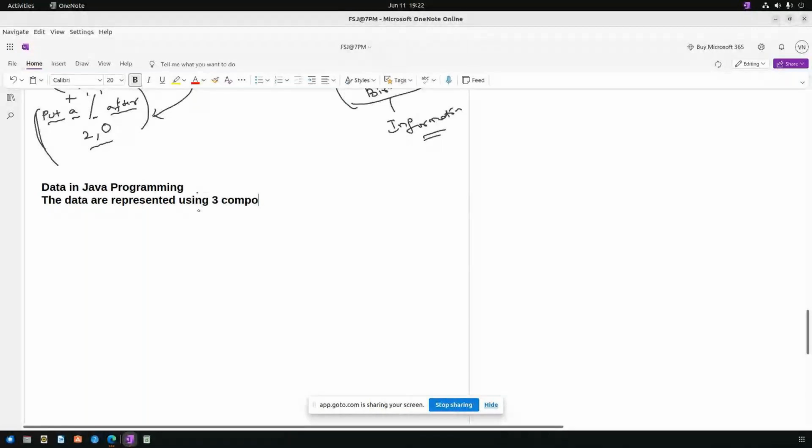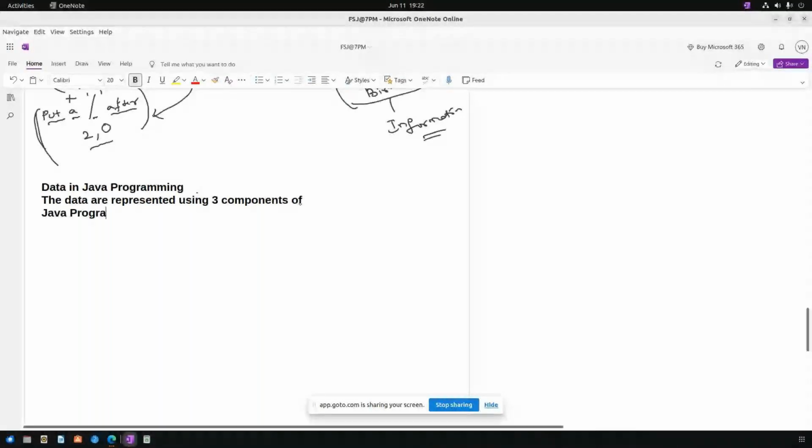Directly we are talking about the program-based component. The data is represented using three components of Java programming.